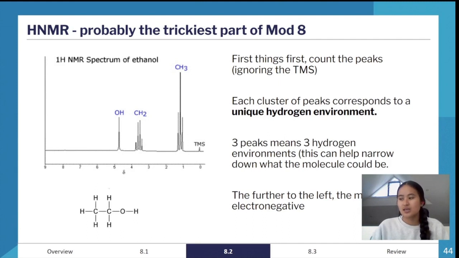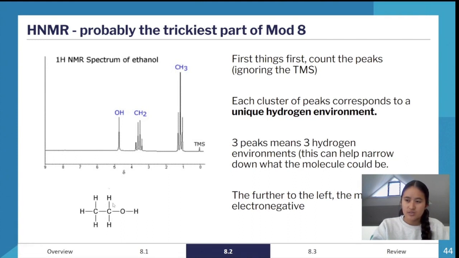What that means is if we look at this HNMR diagram of ethanol, we will see the distinct hydrogen environments. We have this hydrogen environment here, which is a hydrogen which is just bonded to an O. Then we have this hydrogen environment here.